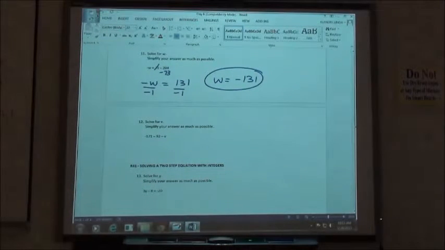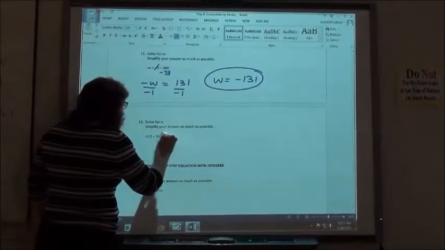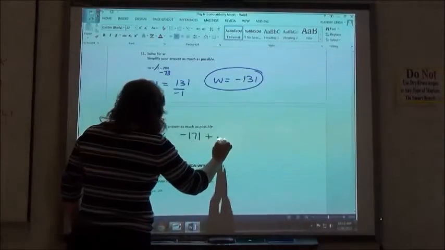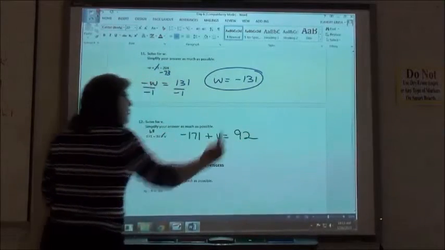Number 12 says negative 171 equals 92 minus v. If we do that one, what would you like to do first on that one? Add the v, okay? Amy says I like to add the v. So what I'm going to have is negative 171 plus v equals 92.